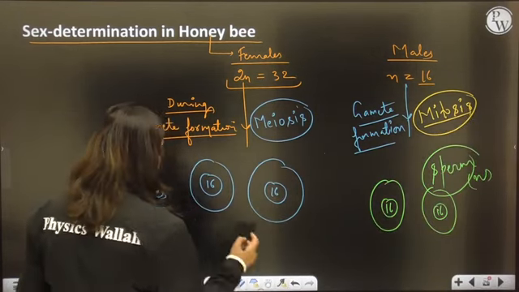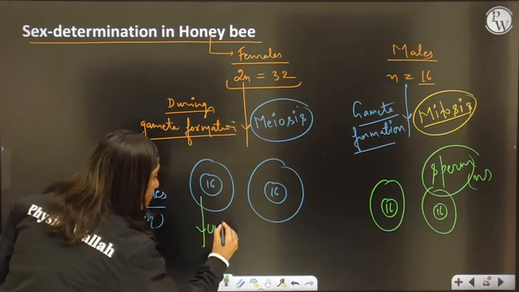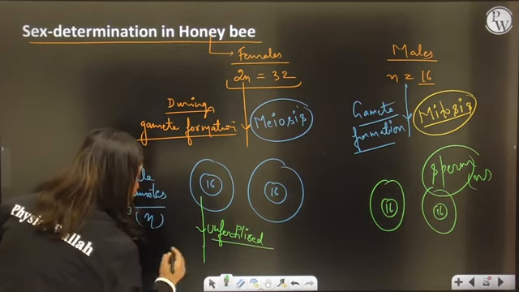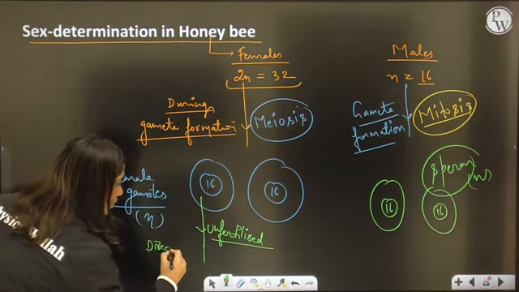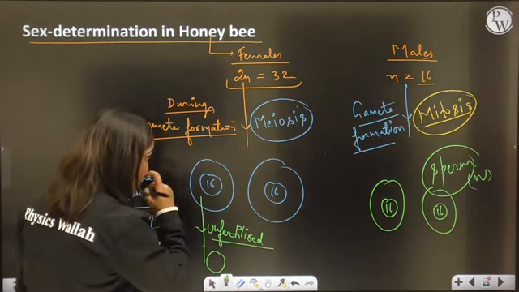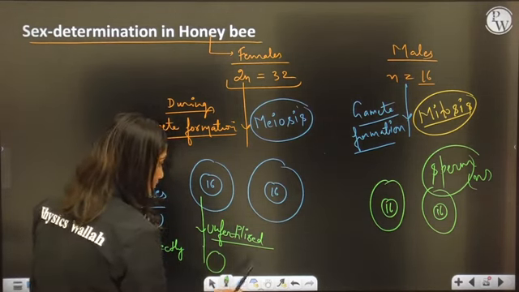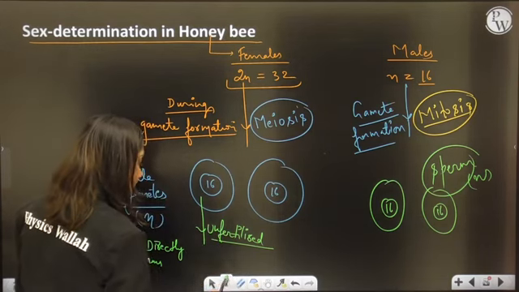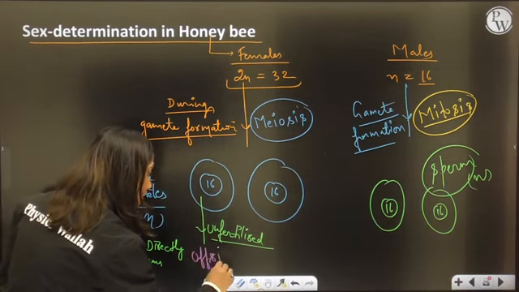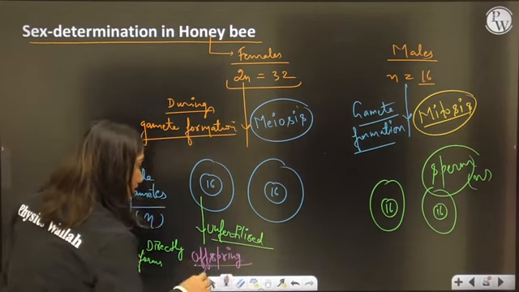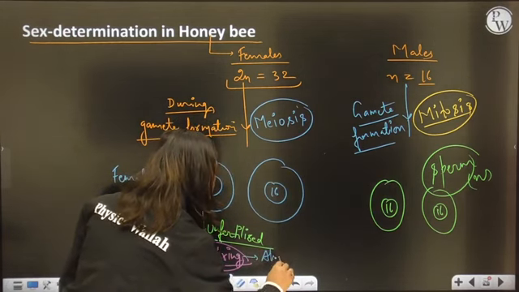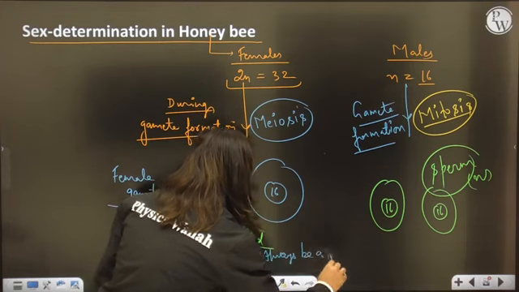Now, whenever this female gamete remains unfertilized and directly forms an individual without fertilization, if it directly forms an offspring, then this offspring will always be a male, will always be a drone.